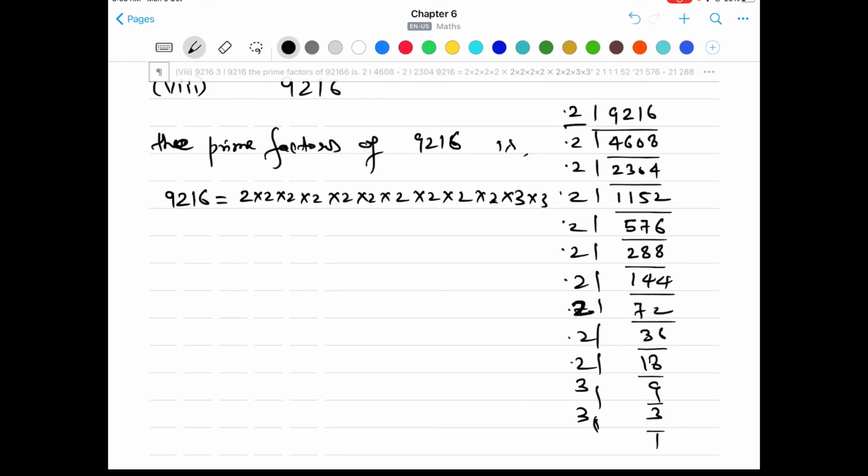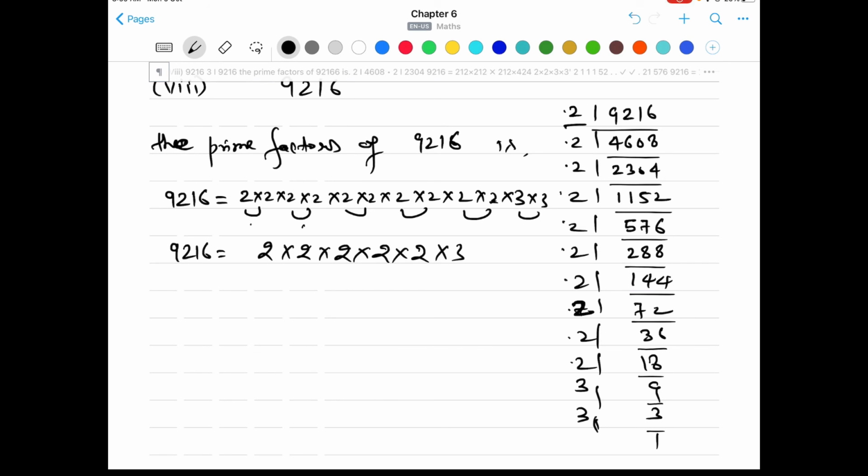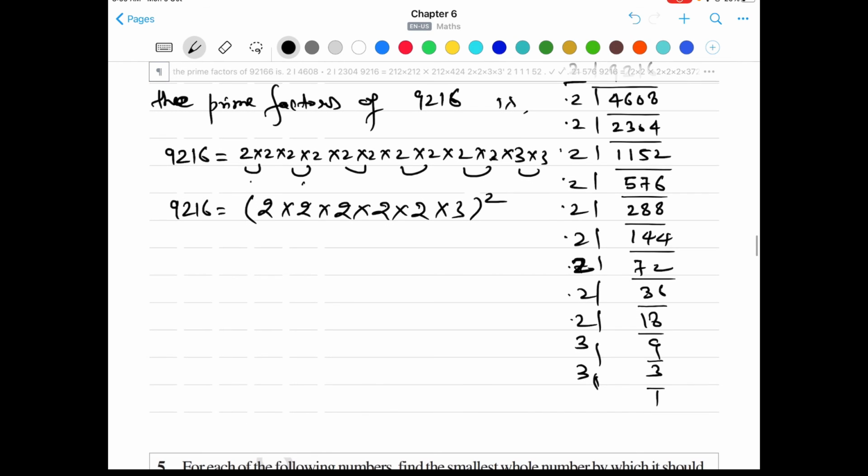These are the prime factors of 9216. Now we'll make pairs of numbers. We get one pair of 2, another pair of 2, another pair of 2, another pair of 2, and another pair of 2, and one pair of 3. So we'll take the single digit from each pair: 2 from here, multiplied by 2, 2 and 2. So we'll get five 2s and one 3, and we'll put the power 2 outside the bracket. That is the whole square of these numbers.